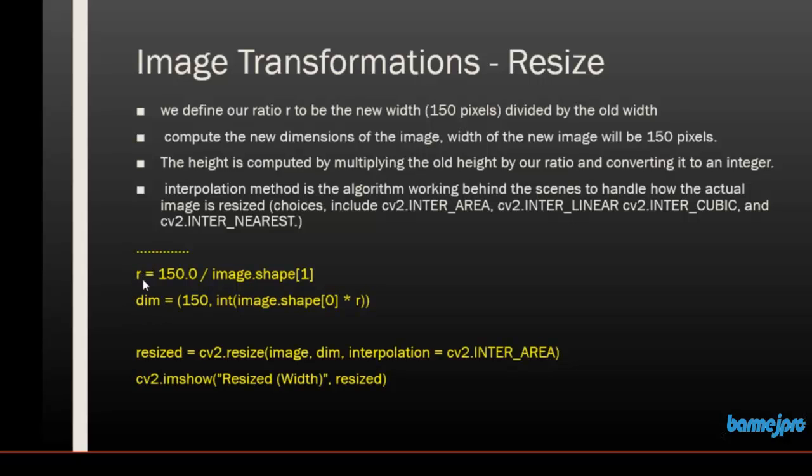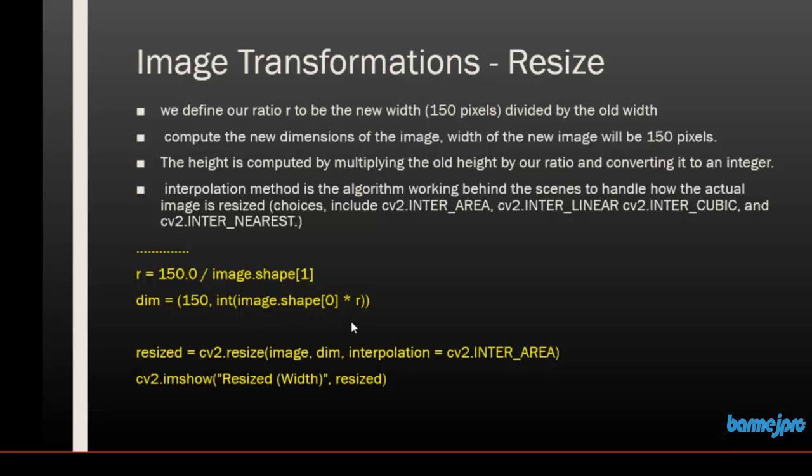We keep the width constant. If it's a 500 pixel image, we are shrinking it to a 150 pixel width image, and if it's a 50 pixel width image, we are enlarging it to 150 pixel width. The width will be constant, but the height is dynamic, so that the aspect ratio of the image is maintained.